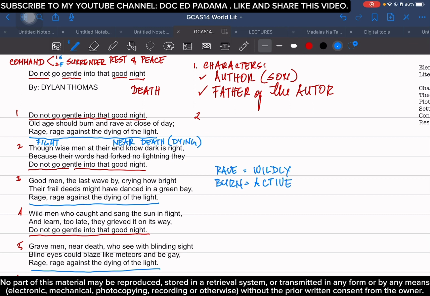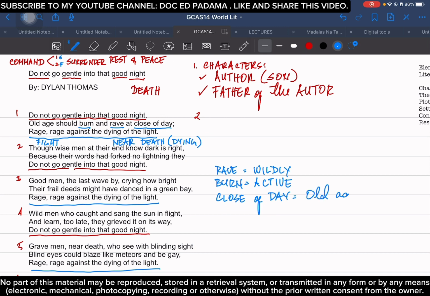Okay, so let's underline the vocabulary words that we used. Old age should burn and rave at close of day. Close of day is the ending of a day.